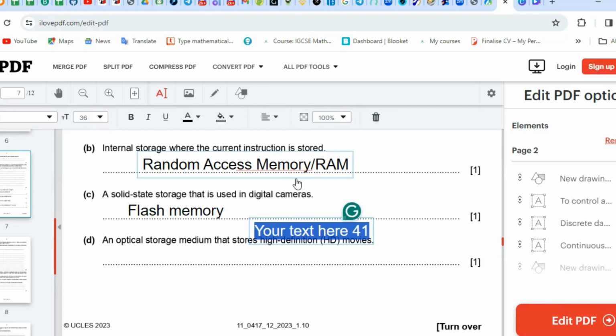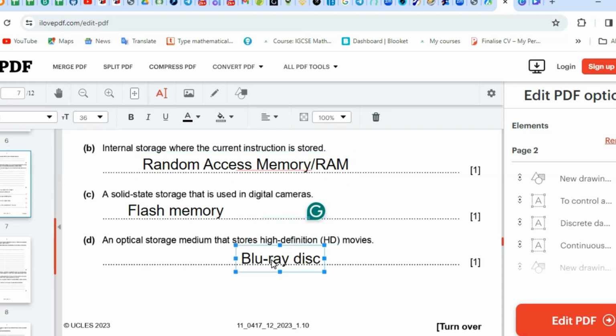A Blu-ray disc. Alright, so let's move on.